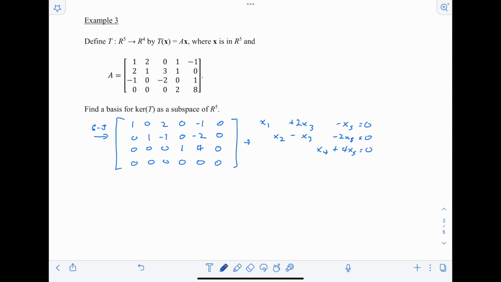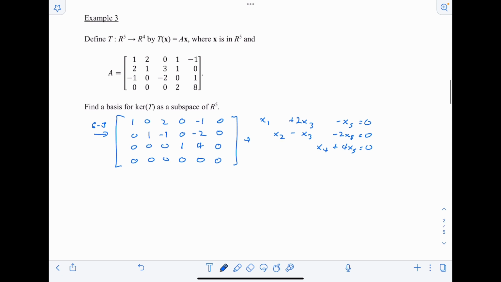The last row is all zeros, so we can just ignore that one. So we've got 3 x5s and 2 x3s. Let's solve this for x1, x2, and x4. x1 equals -2x3 plus x5. x2 equals x3 plus 2x5. And x4 equals -4x5.